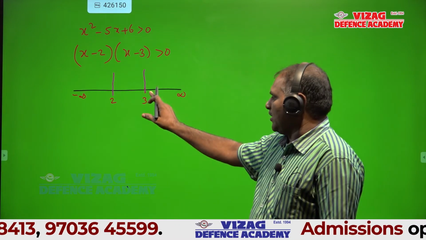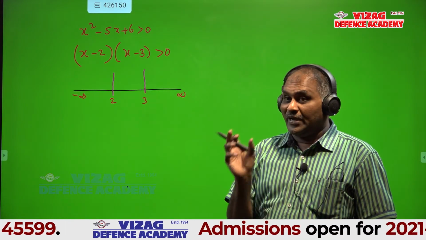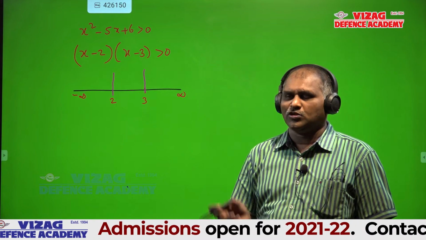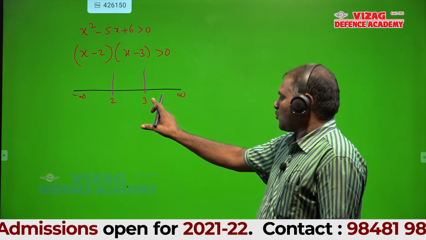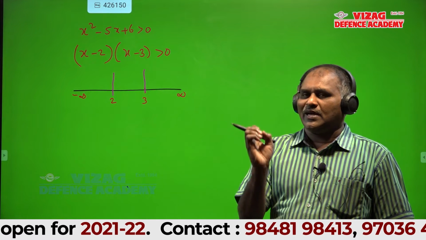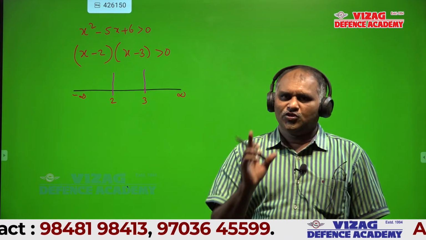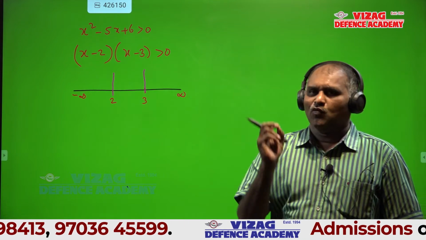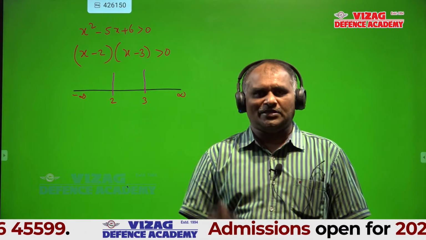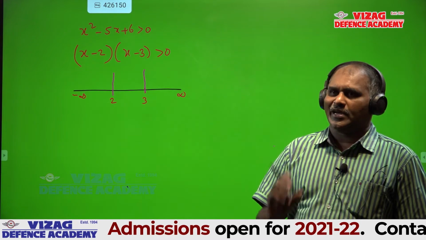In between 3 and infinity, not the exact values, you can consider any one small number. Suppose I take 4.